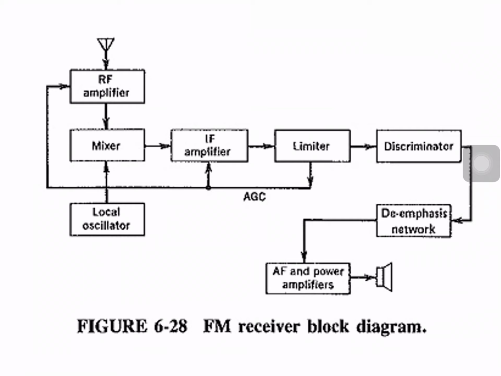So these are the basic differences from the AM receiver. In the AM receiver, automatic gain control is done by only one method, but here in the FM receiver block diagram, different methods are used to obtain automatic gain control.